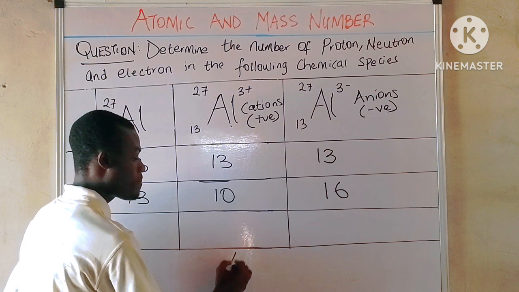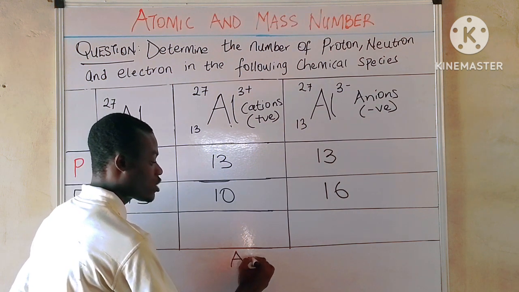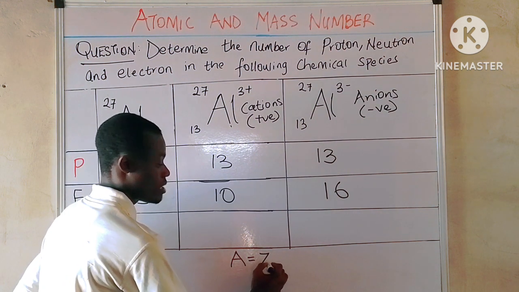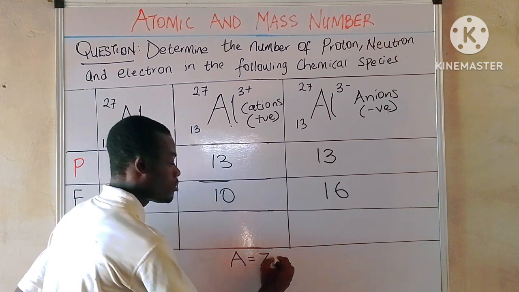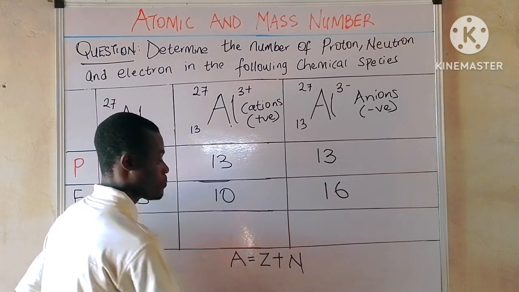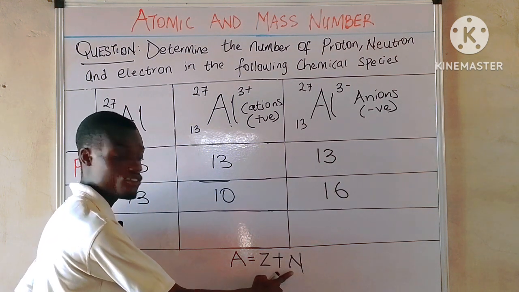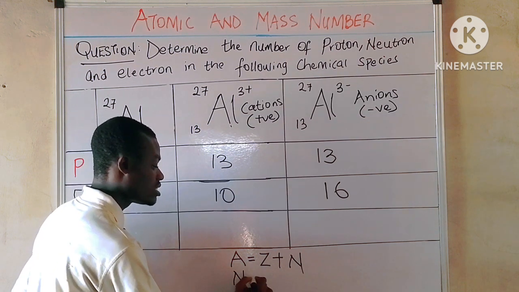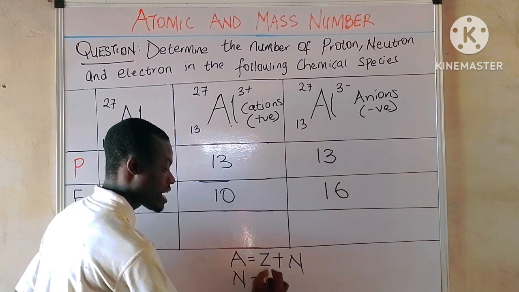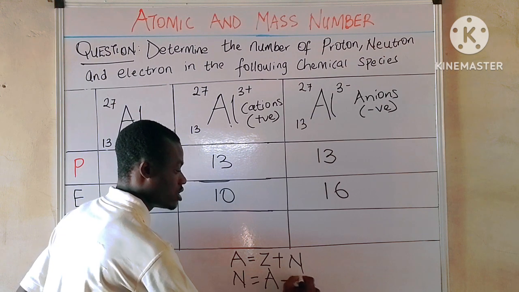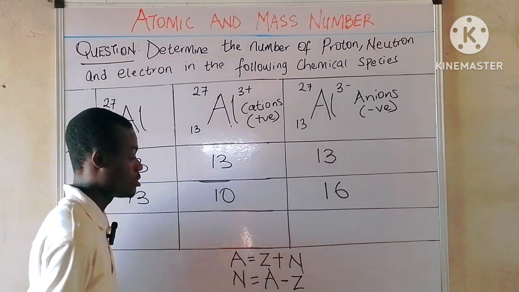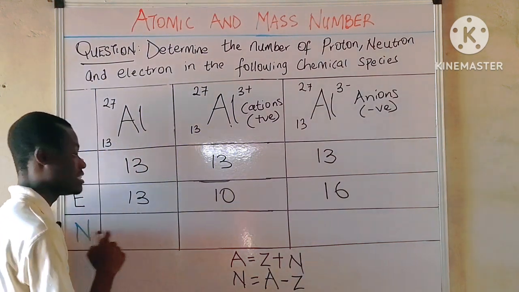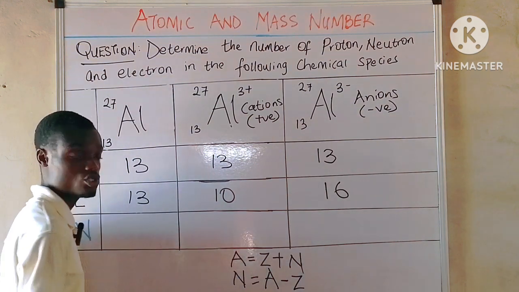Remember, we said that the mass number of an element is equal to the atomic number or the proton number plus the neutron number. So we can make this the subject of a formula. N is equal to the mass number A minus the atomic number Z. So we can use it to find the neutron number of these various components.